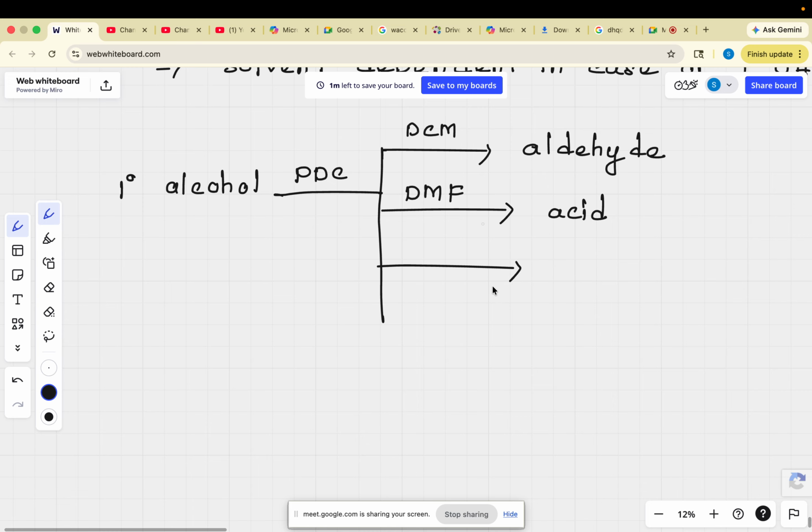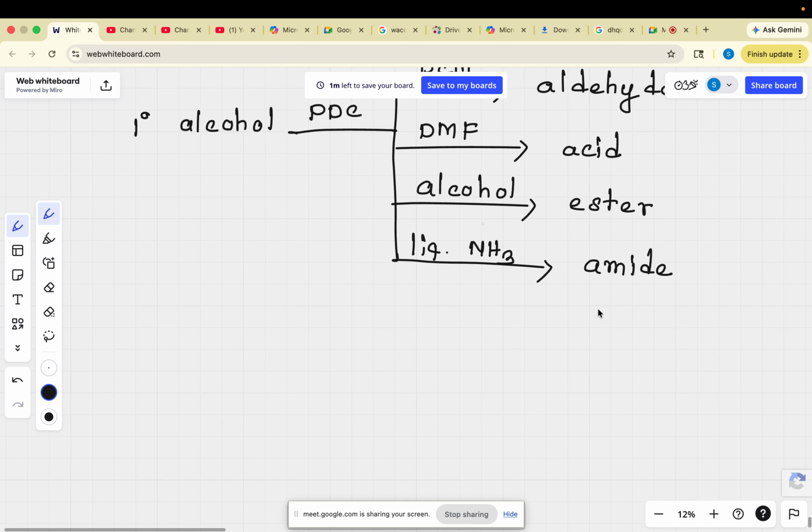If you are using alcohol as a solvent, you will get an ester as a product. And if you are using liquid ammonia as a solvent, you will get an amide as a product. So basically the primary alcohol outcome depends on the solvent.